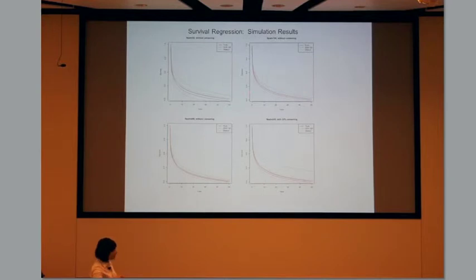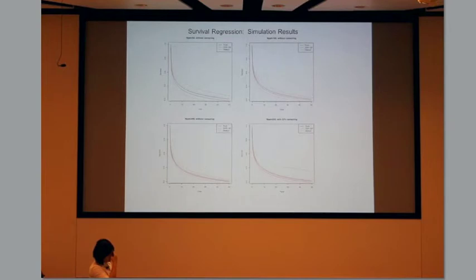In this simulation, the truth is that we assume the log of the survival time is a mixture of two normal distributions. So the general parametric or log-logistic regression model will not work.